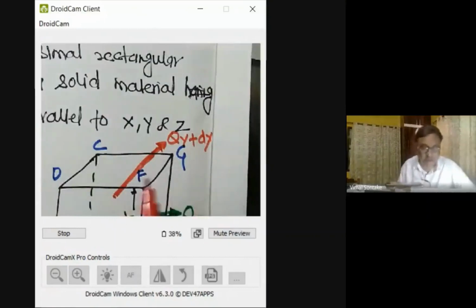And it is perpendicular to the face CGHB.